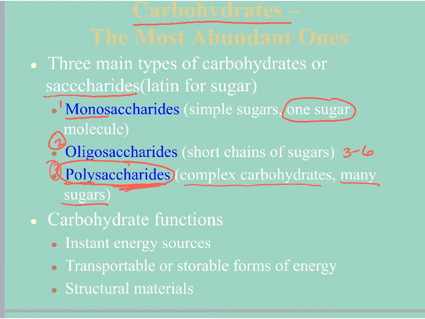Carbohydrates also serve as transportable or storable forms of energy. So carbohydrates can bond to other molecules and transport those molecules to other areas in the organism or in your body, but also in storable forms of energy. So if you were to eat a big pasta meal one night or just whenever, and then not utilize that energy, your body goes, whoa, hold on a second.